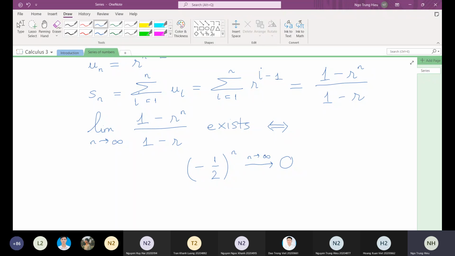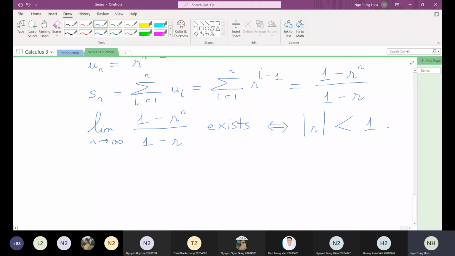I think we can consider the absolute value, greater than 1 and smaller than 1. That's right. Very good. That's the correct answer. So it exists when the absolute value of r is less than 1.